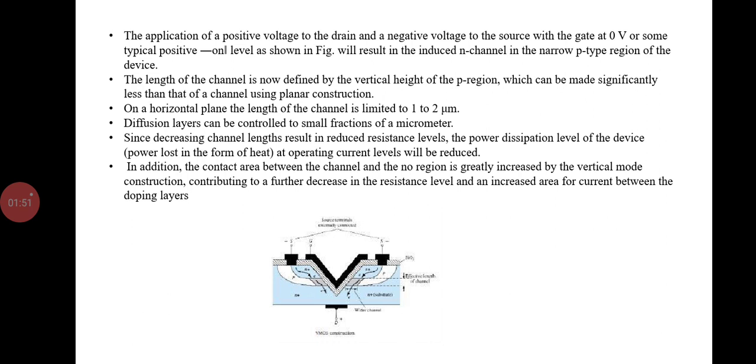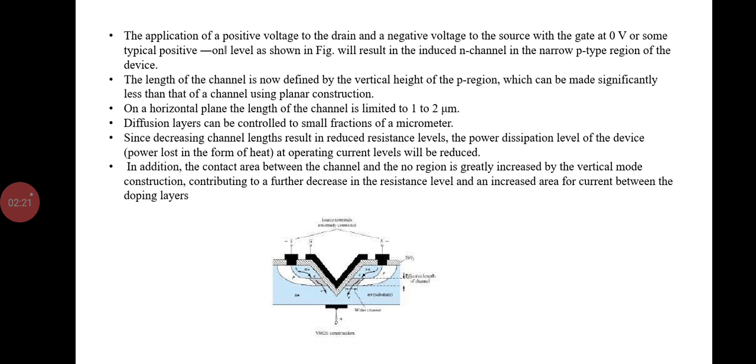and since decreasing channel length results in a reduced resistance level and power dissipation level of the device, operating circuit levels will be reduced. The contact area between the channel and the n region is greatly increased by the vertical construction, contributing to a further decrease in the resistance level and an increased area for current between the doping layers.